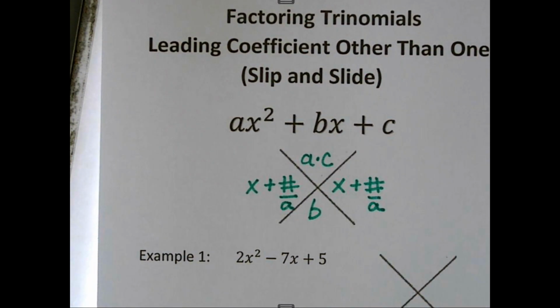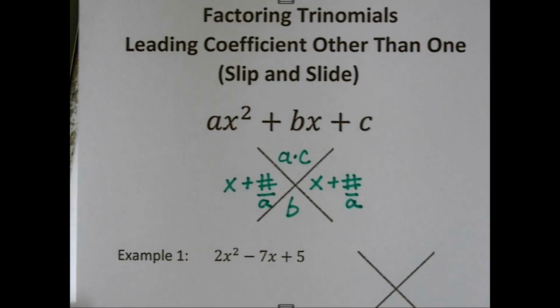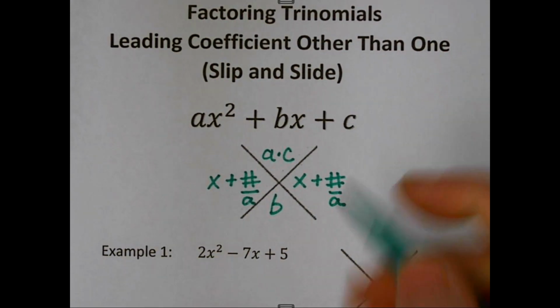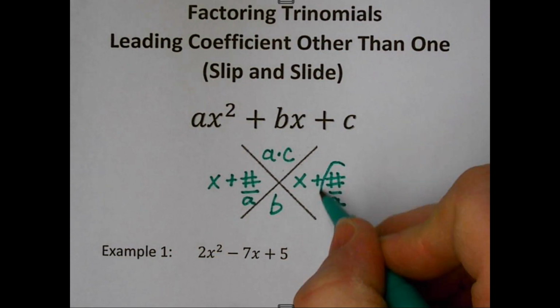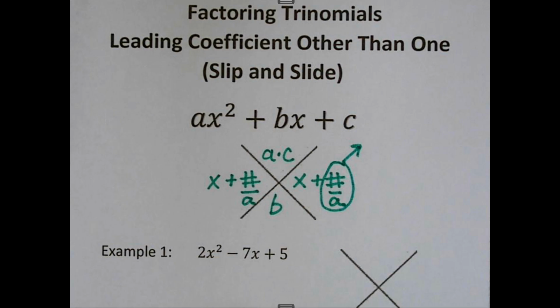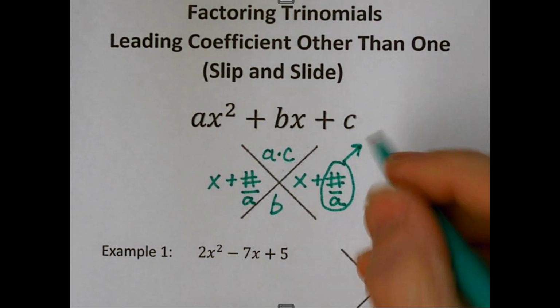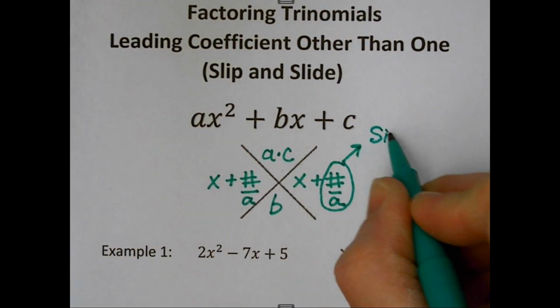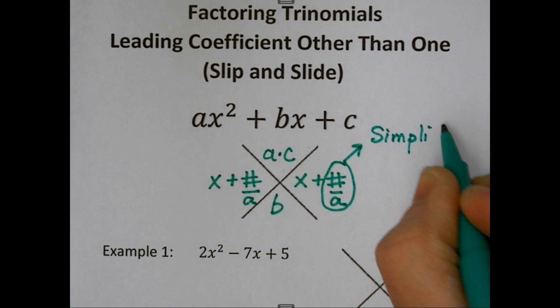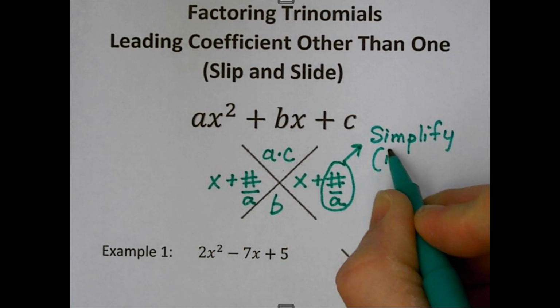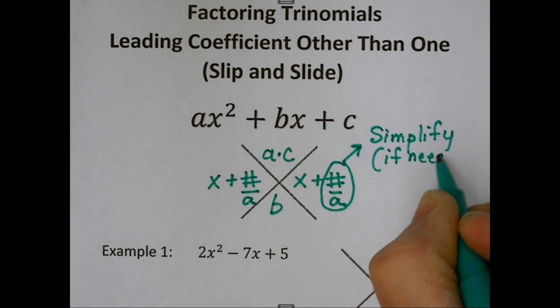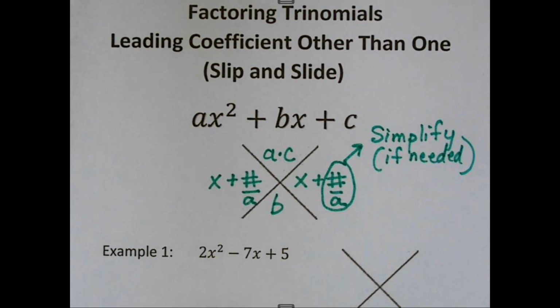Now off to the side, I'm going to circle a little note here. The first thing you're going to do is simplify if needed. When we get to our examples, you'll see what I mean by that.